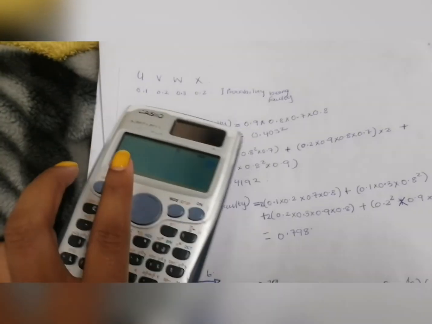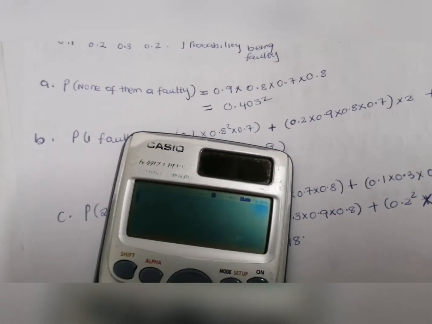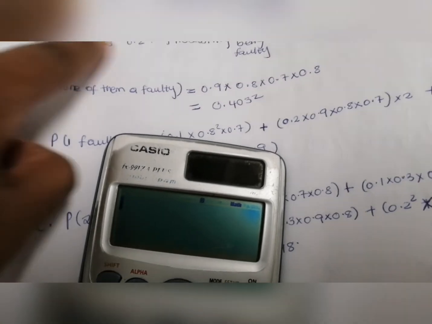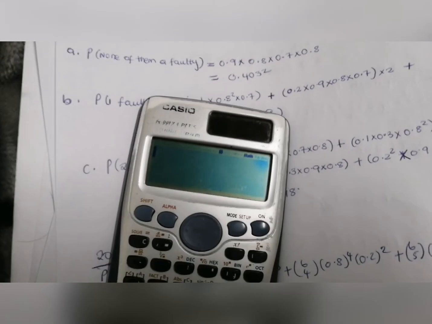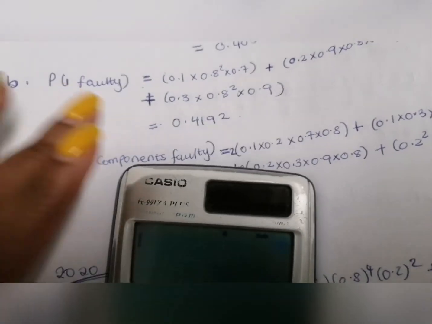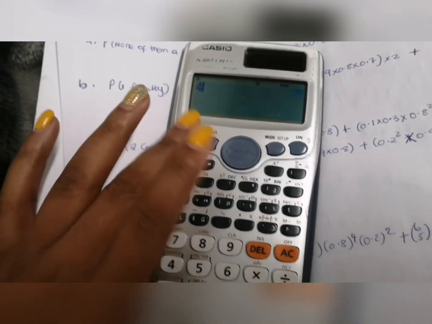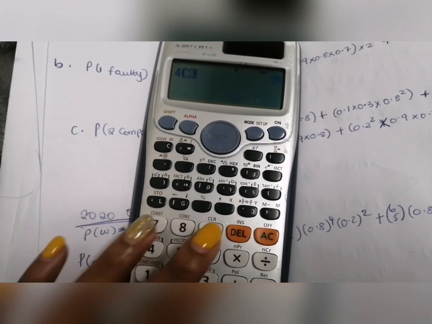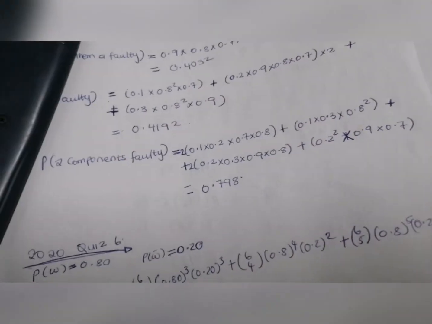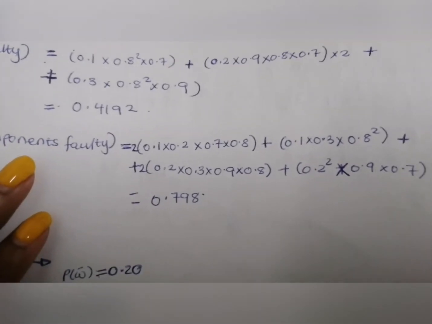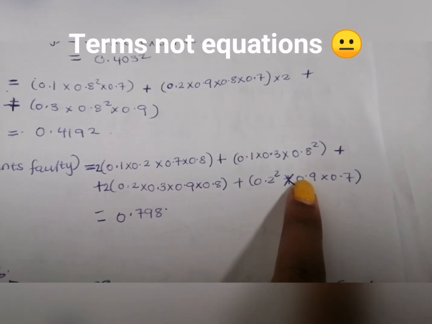To make sure you have the correct number of equations, you know that we have 4 components. If we have 4 components and we want the probability that 2 of them are faulty, we will say 4 choose 2, right? Then we will have 6, meaning that the number of conditions or equations that you must have here is 6.